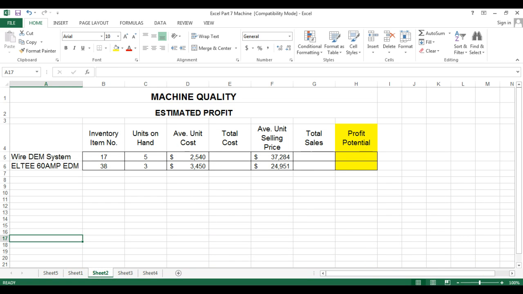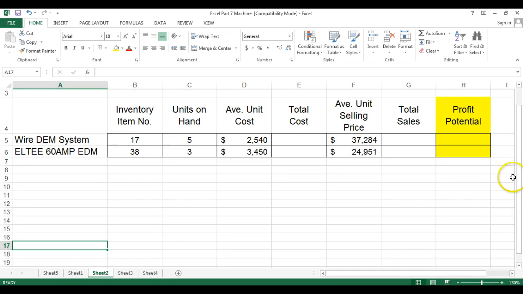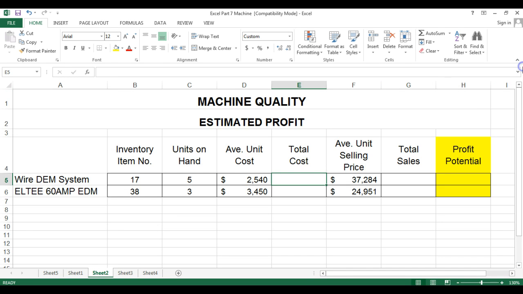Make it a little bigger for you. All right, total cost. Start with your equal sign. Start with the neighbor. Multiply units on hand. Remember that inventory item number is just nothing that you need to worry about.